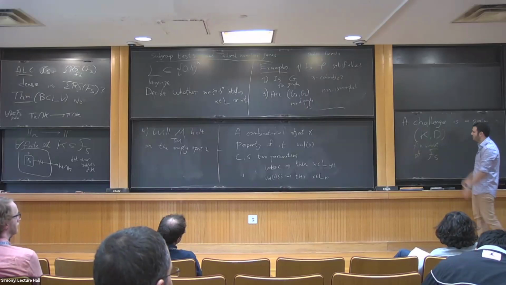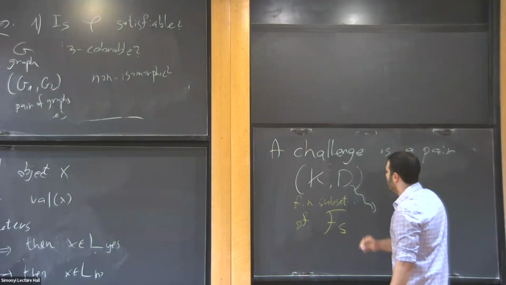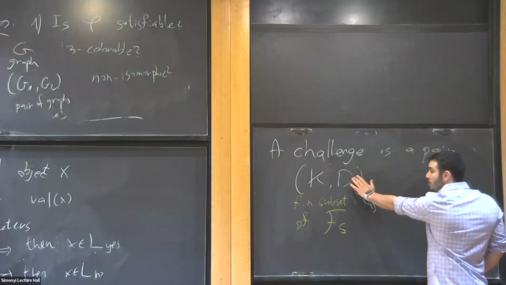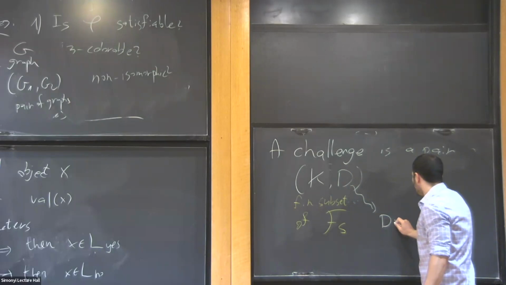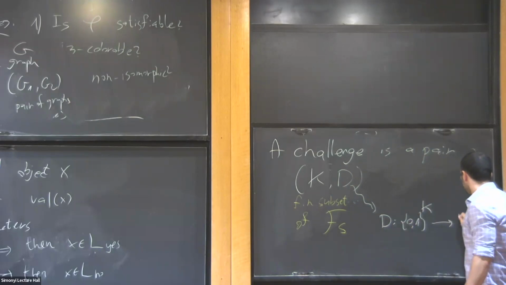It's just something that's in the encoding, and we don't think really about the encoding at this point. And this function D is a function from subsets of K to 0, 1.